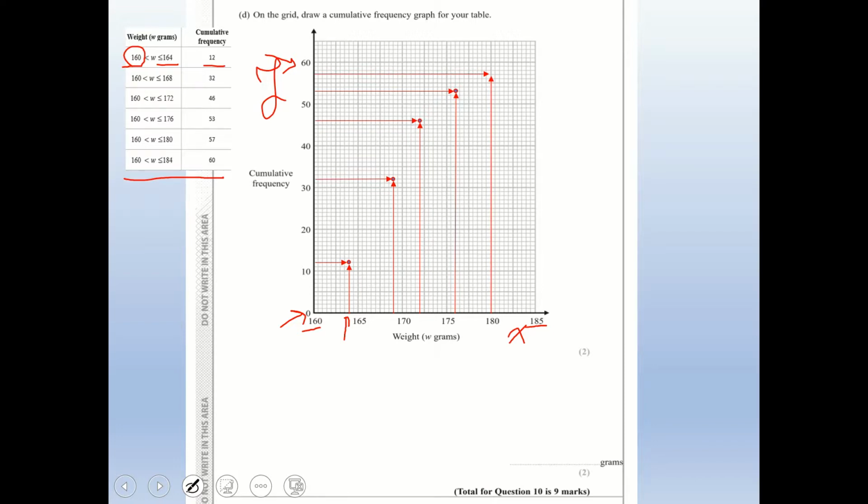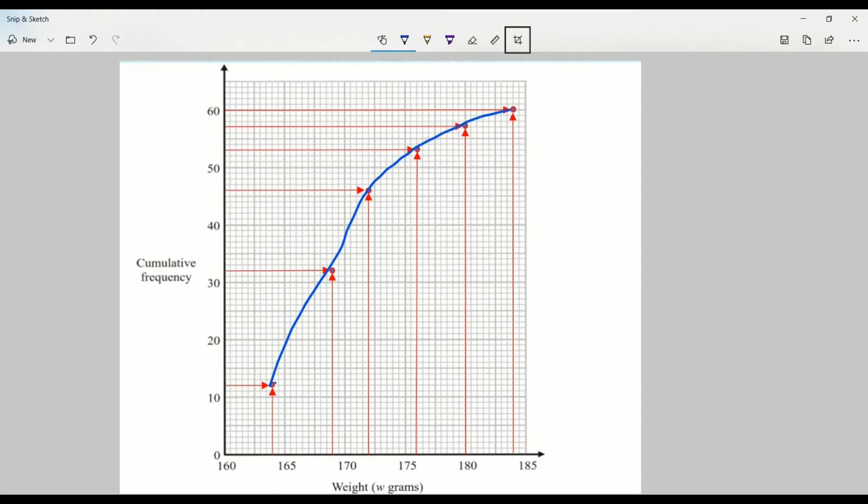This is the fifth point. And it finishes on that 60 up there. So we have the points looking like this. Then draw a smooth curve looking something like this by joining up all the points plotted before. And that is that.